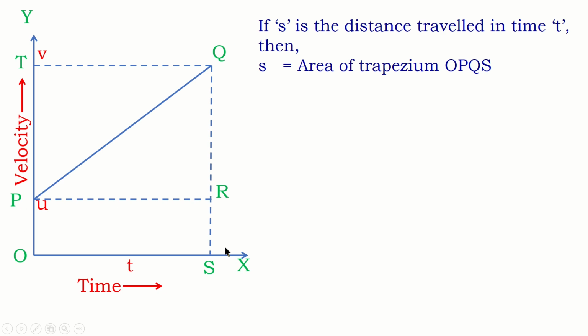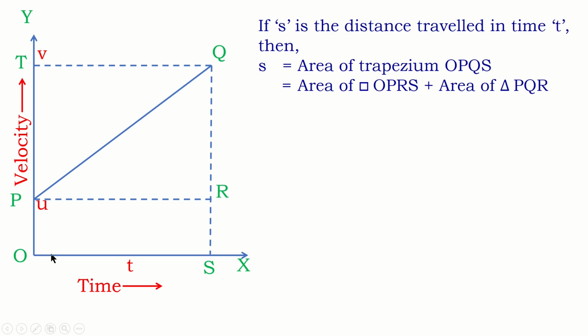I mean to say this area of this rectangle plus this triangle gives area of this trapezium. That's why area of rectangle OPRS plus area of this triangle PQR is equal to area of trapezium OPQS.